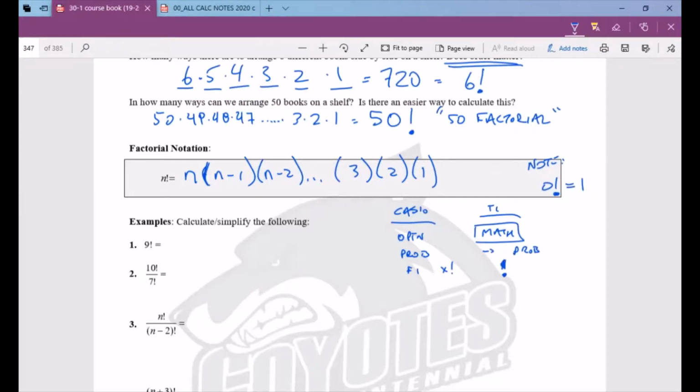So on the TI calculator, you'd have to type in your number first and then go through those steps and find your factorial button. On your Casio calculator, you can find your way to that tab. You hit 9 and then you hit your X factorial button. We end up with 9 factorial. These numbers get really big really quick. 9 factorial is 362,880.